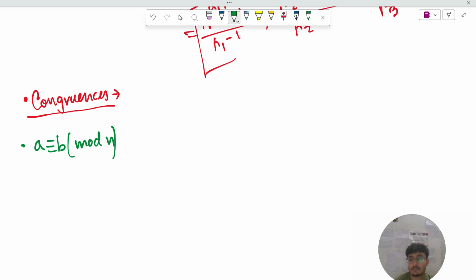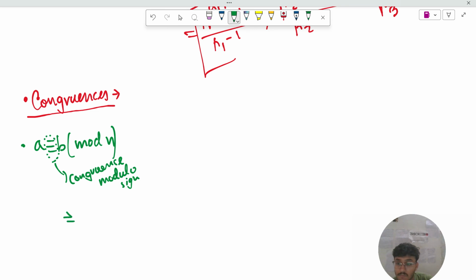Now, this is my congruence sign, congruence modulo. This is my congruence modulo sign. So now what does this mean?